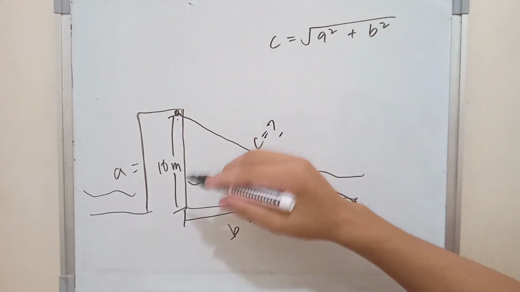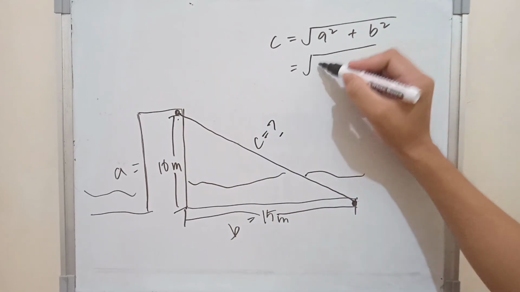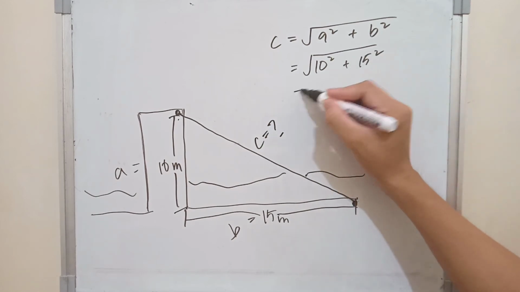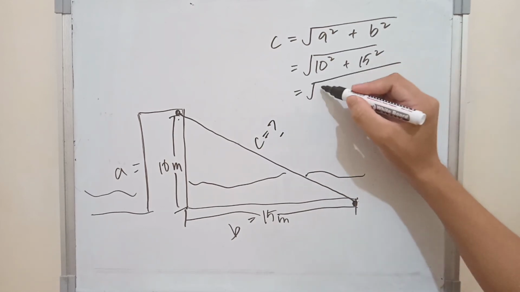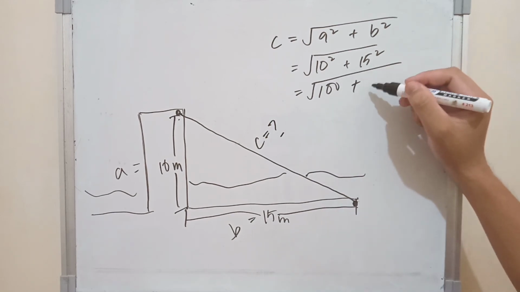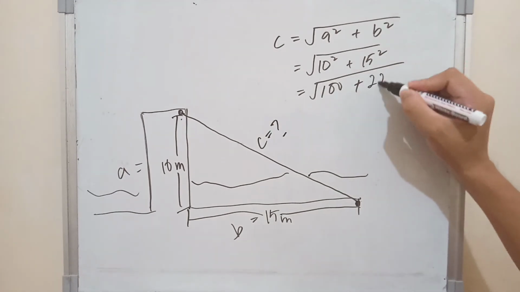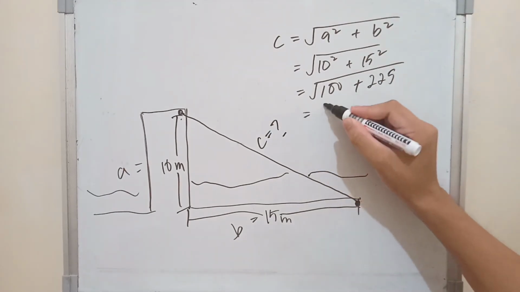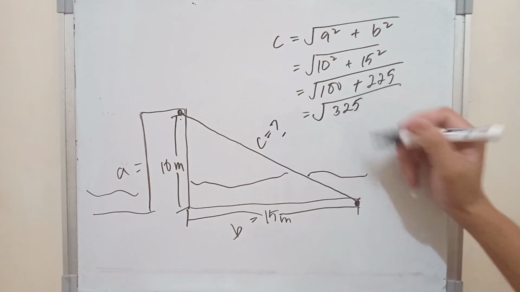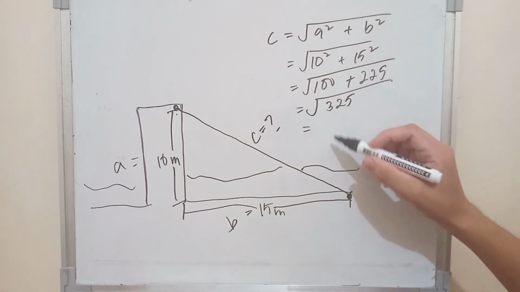So, substitute the value of A and B. So, the square root of 10 squared plus 15 squared equals the square root of 100 plus 15 squared is 225. So, square root of 325.